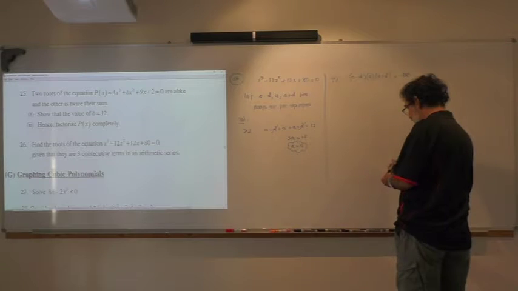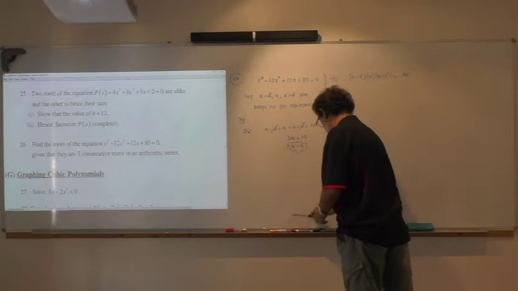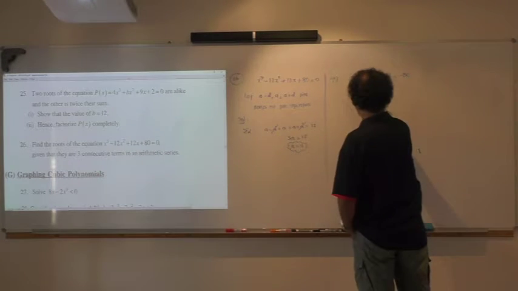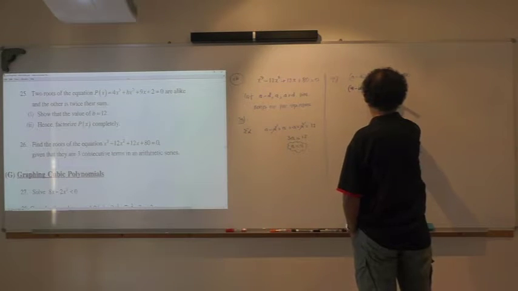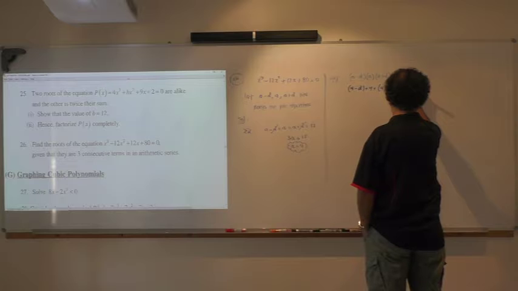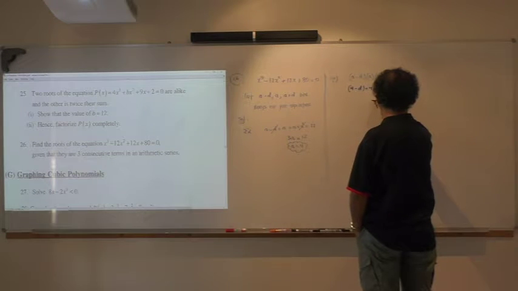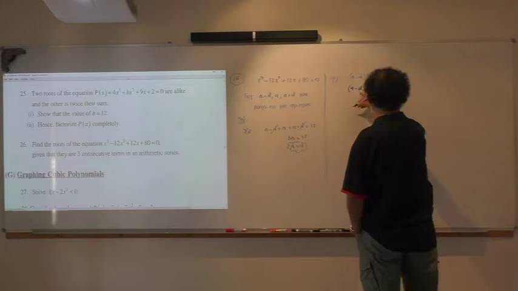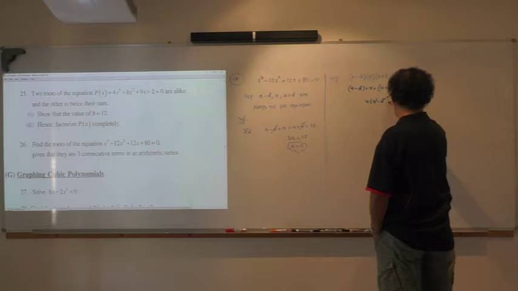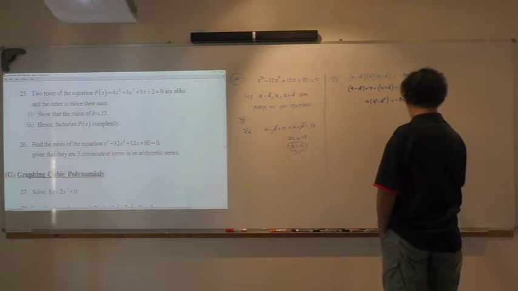Okay, and then we're going to substitute. Now we're going to substitute the value of a. Okay, so a is 4, so it's 4 minus d multiplied by 4, and then multiplied by 4 plus d equal to negative 80. Okay, so that will give you 4, and then we have difference of 2 squares, so you can say 4 squared minus d squared is equal to negative 80.